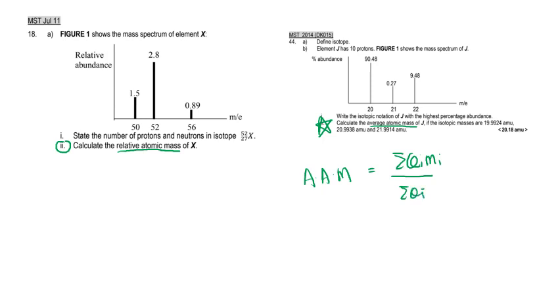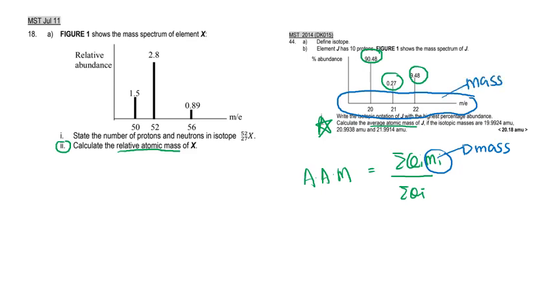As we know, Ki is the abundance, so we have 90.48, 0.27, and 9.48. The next one we focus on is Mi, which refers to the mass. The x-axis of the mass spectrum represents the mass.